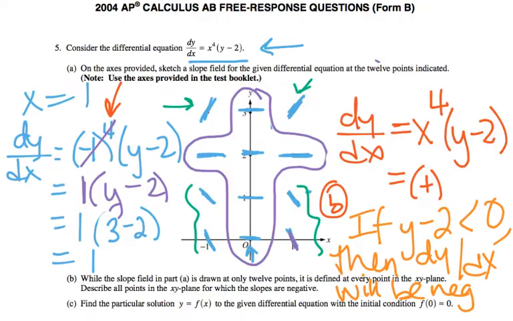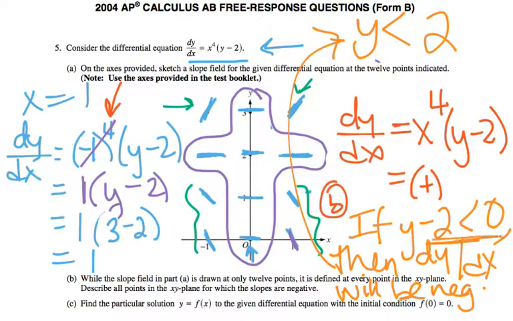So it'll be negative. You could also word that as, if y is less than 2, then the slopes will be negative. I got that just by adding 2 to both sides. So that would get you a point for B.